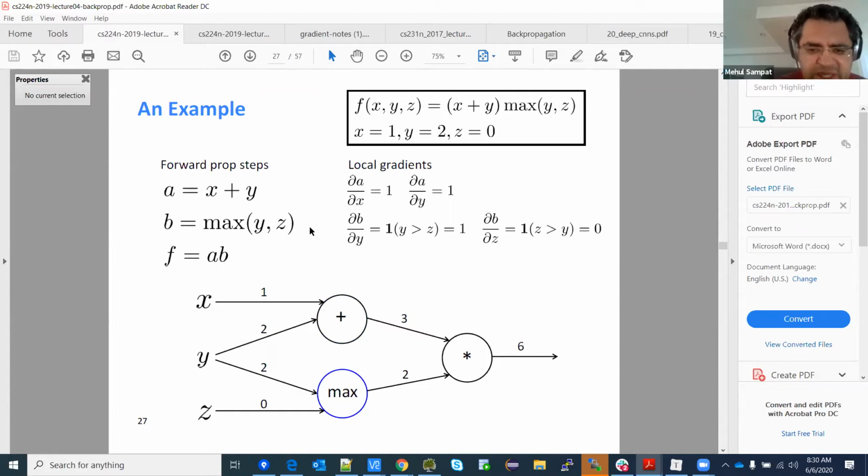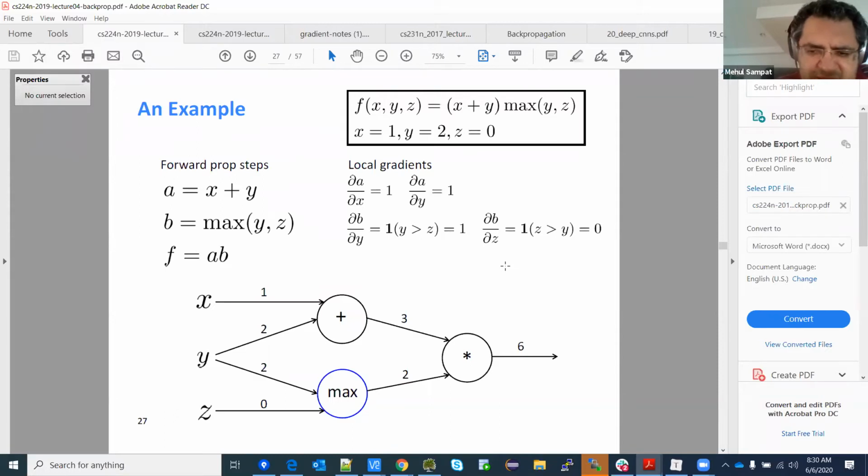It's a function of two variables, Y and Z. If Y is greater than Z, then del B by del Y is 1, because you get B and you get Y. And if Z is greater than Y, why is this?